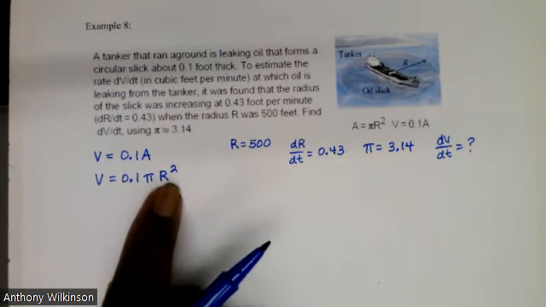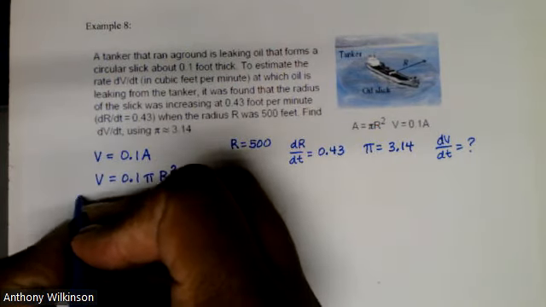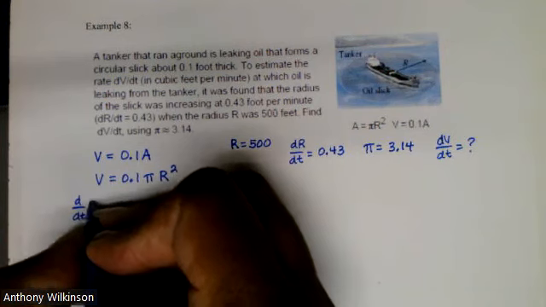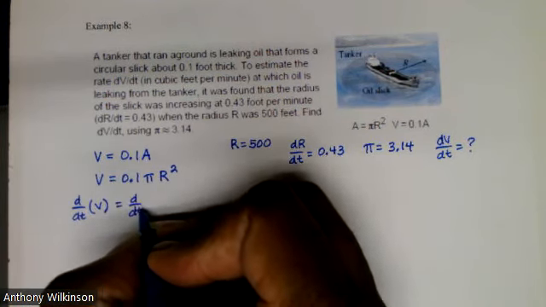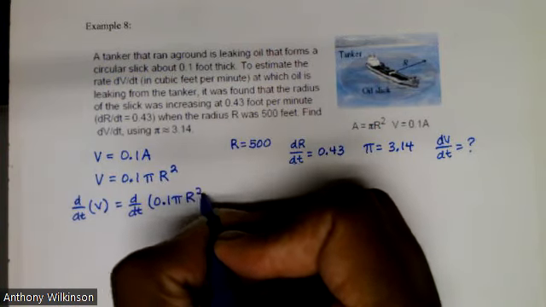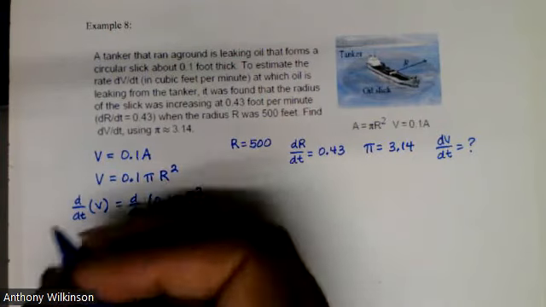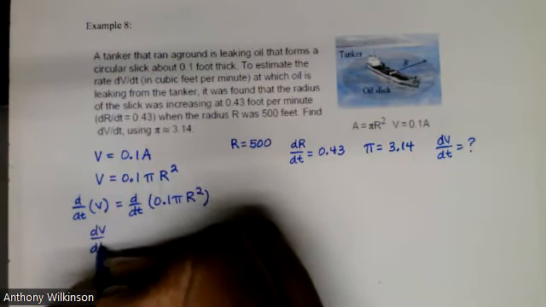All right, let's differentiate this equation with respect to time. Differentiate the left side and differentiate the right side with respect to time. All right, the derivative of the volume with respect to time would just be dV/dt.